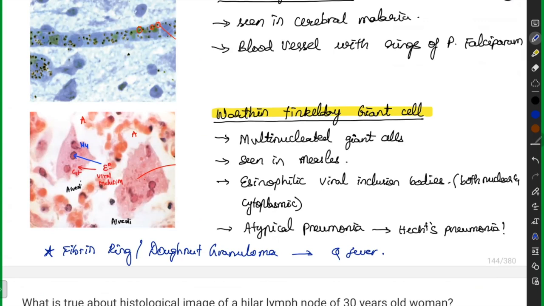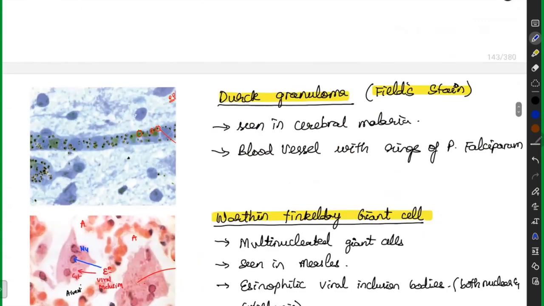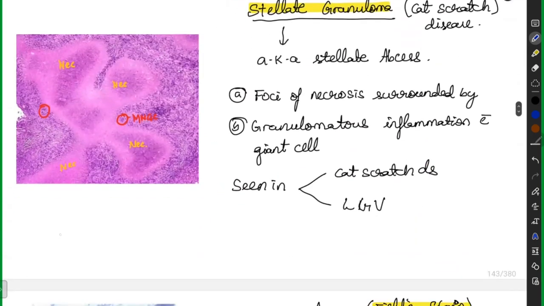Now, giant cells can be physiological as well as pathological. Physiological ones: you have osteoclast, syncytiotrophoblast, megakaryocyte. All of these are physiological giant cells. Pathological: foreign body giant cell, Langerhans giant cell in TB, Touton giant cell. Remember, Touton giant cell. What is this Touton giant cell? Now you will be having a surrounding like this, and in the center you will be having something like this.